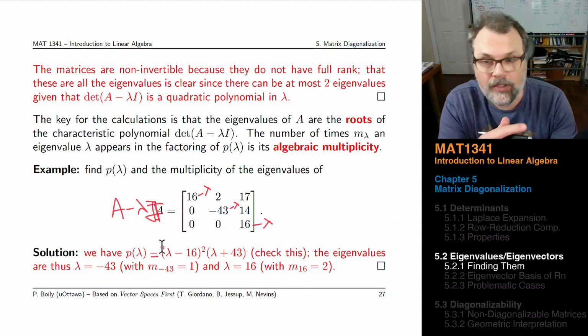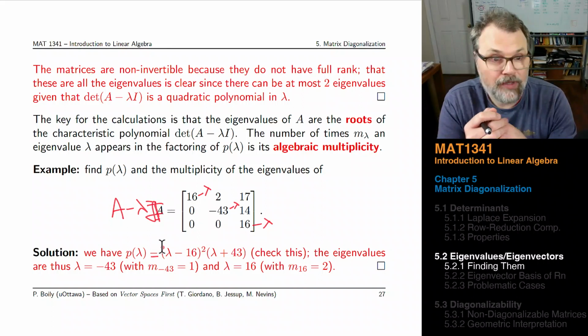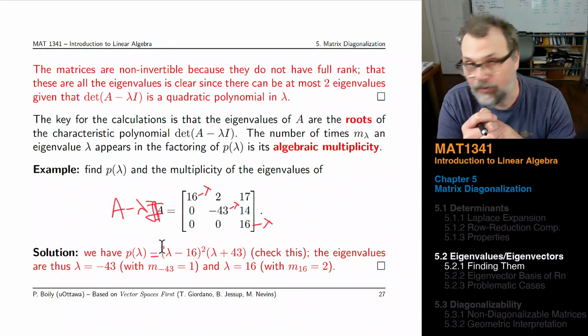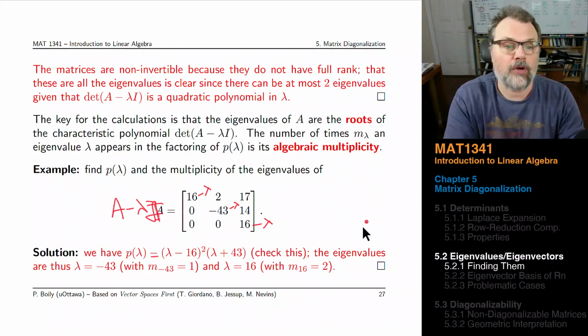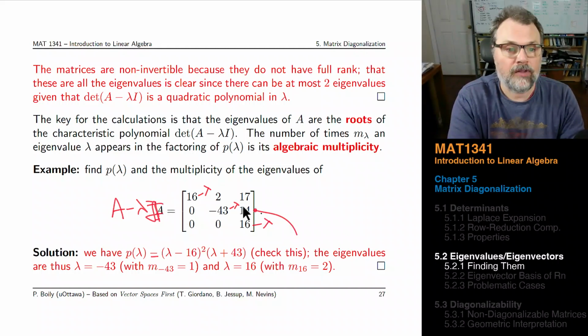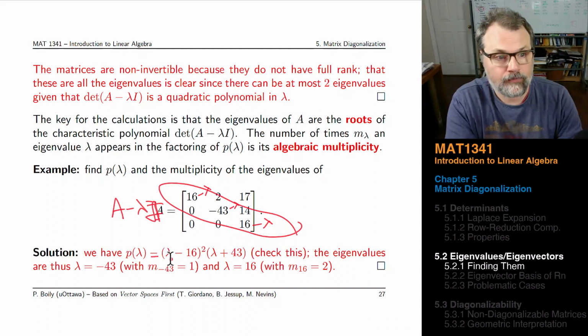That is a matrix whose determinant is easy to compute because it is a triangular matrix. And when I have a triangular matrix, the determinant is just the product of the entries on the diagonal. So I get 16 minus lambda times 16 minus lambda times minus 43 minus lambda.